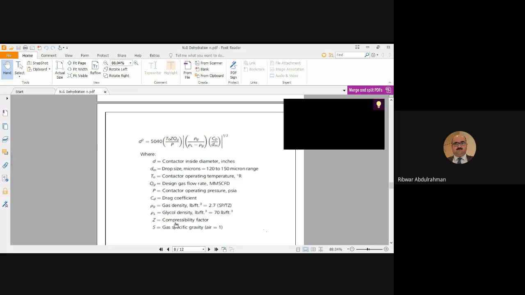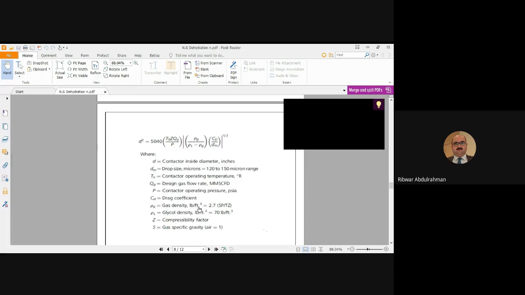Z is the compressibility factor, which will definitely be given, and S is the gas specific gravity, which will also be given. So here we have a unique equation to find out the absorber inside diameter.